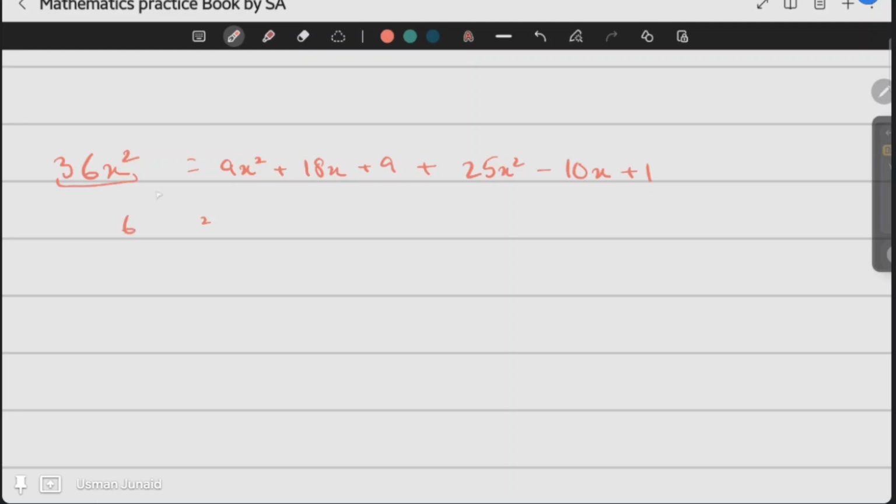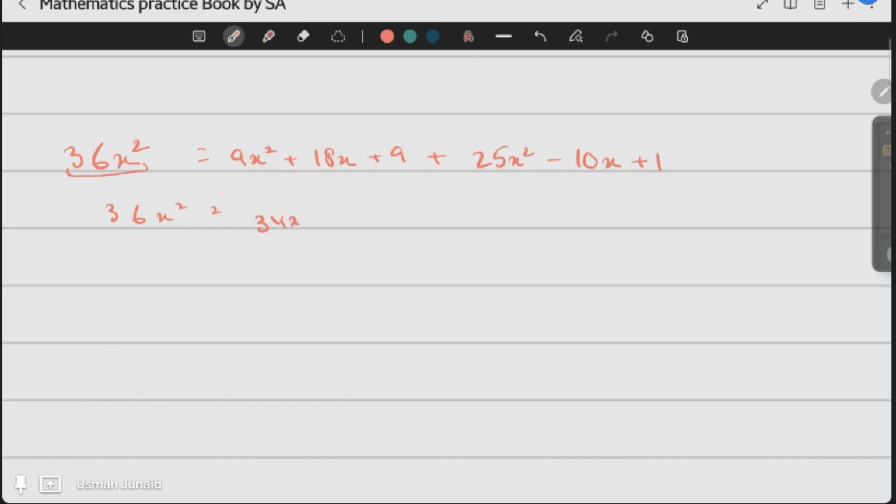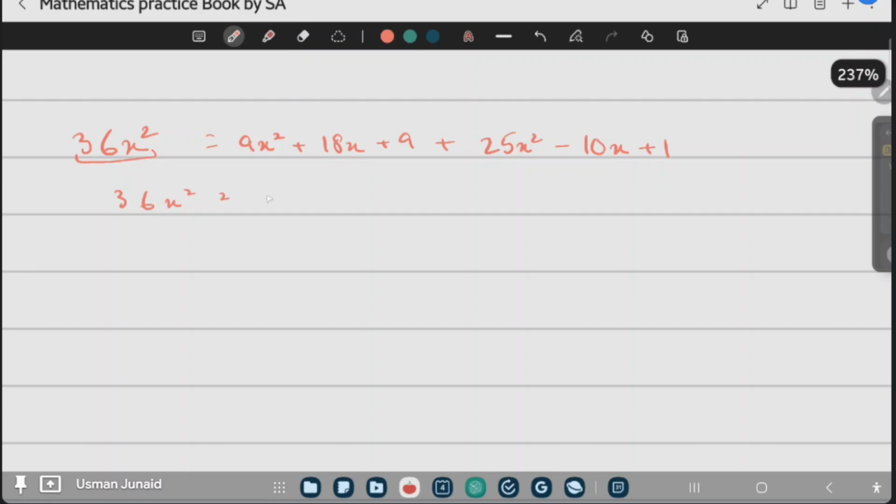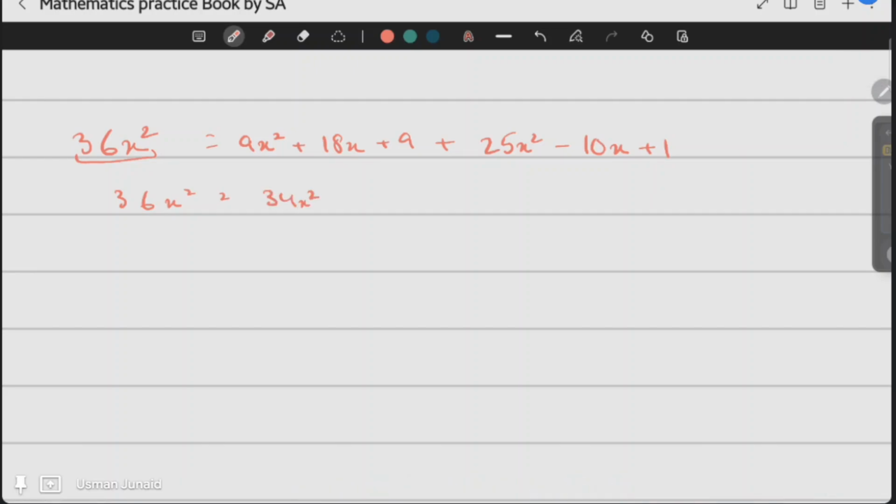So 3x squared is equal to 9x squared plus 25x squared, which is how much? 9 plus 25 is how much? 34. 34x squared, right?